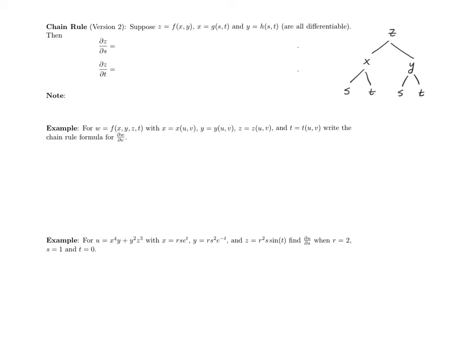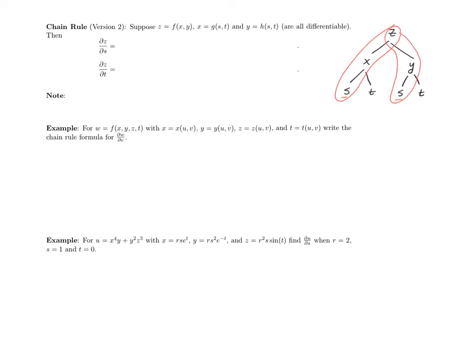And how we get these partial derivatives is we follow down the branches of our tree diagram. To find dz ds, we look for all of the instances that correspond to an s in the bottom row, and then we have to go down both of those, in this case, corresponding branches.